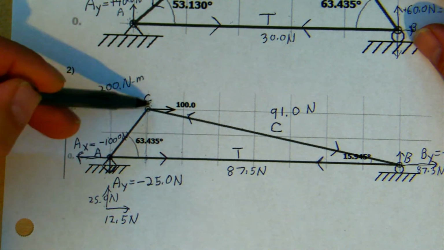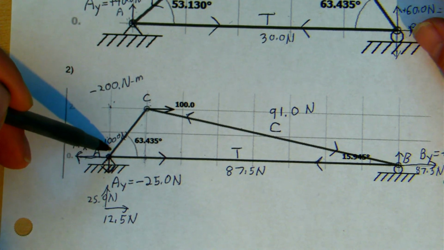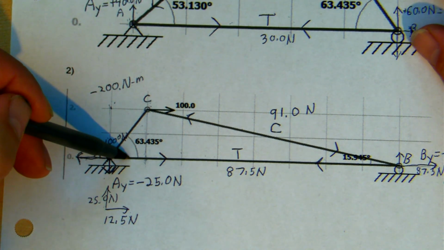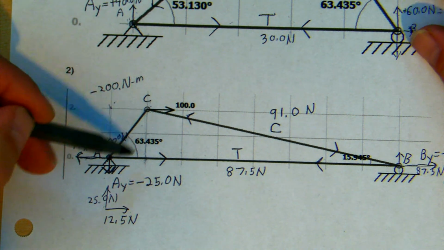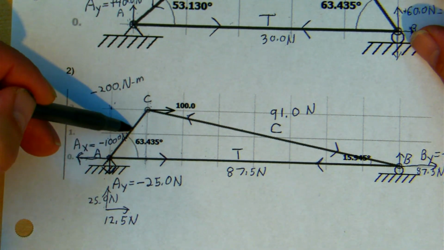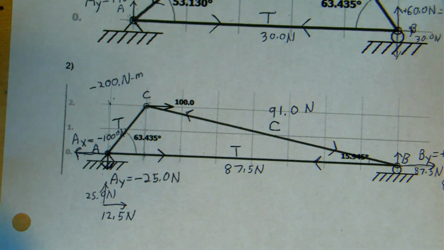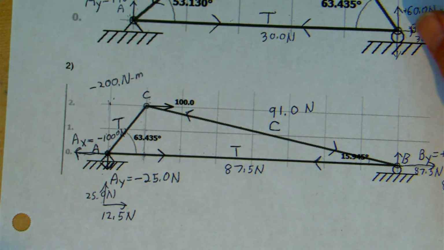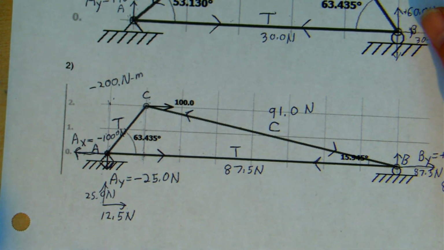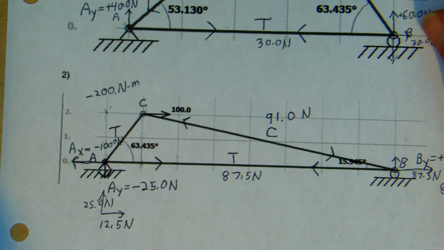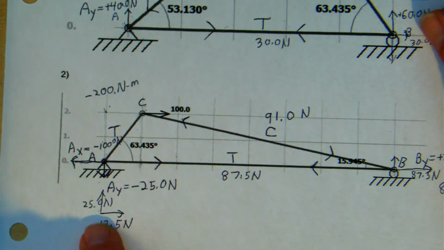So C is pulling A to the right with 12.5 newtons and pulling A up with 25 newtons. Therefore, it's under tension. It's pulling A up and to the right. And if I want to calculate how much, why, I activate my calculator and I ask it, calculator, what is the square root of 12.5 squared, the horizontal component, plus 25 squared, the vertical component?